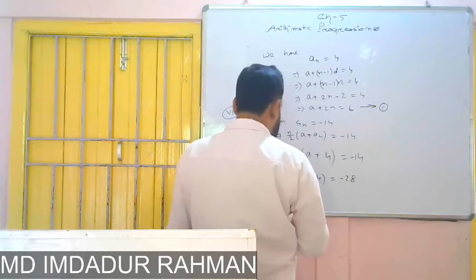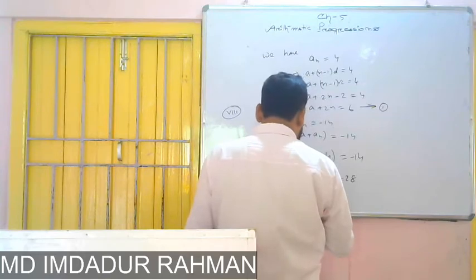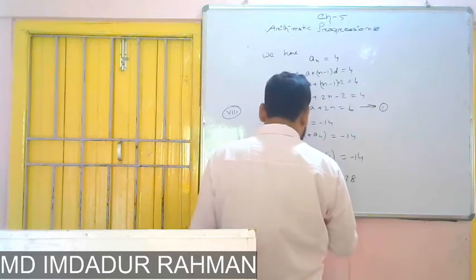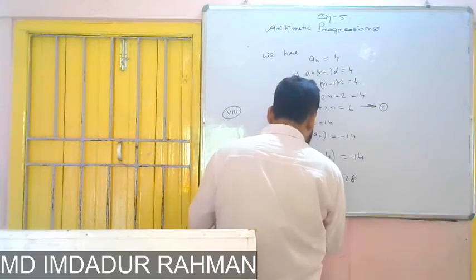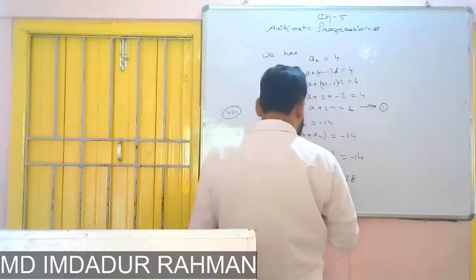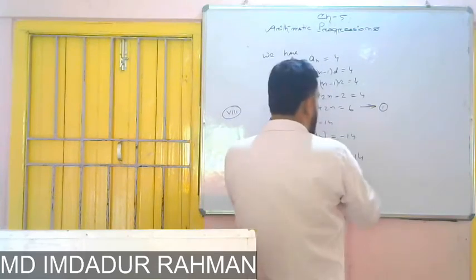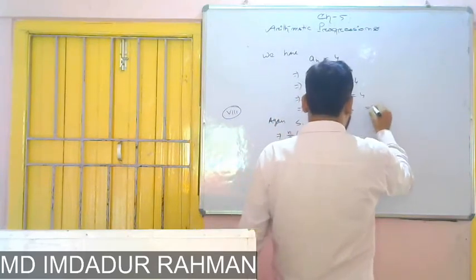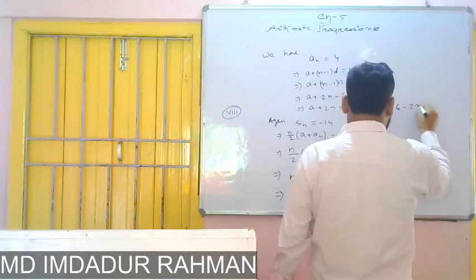From here we have to make one more line. a is equal to 6 minus twice n.